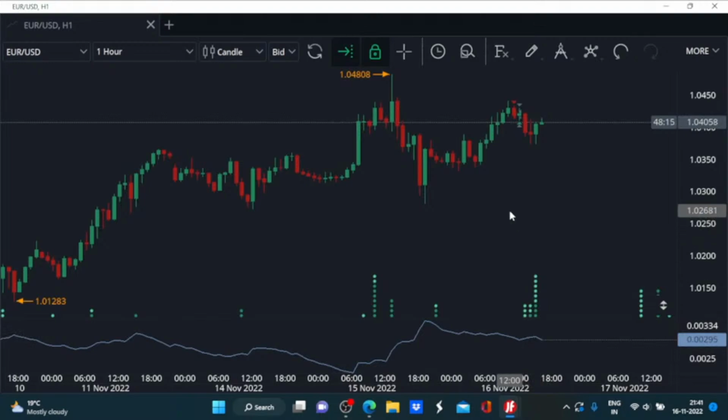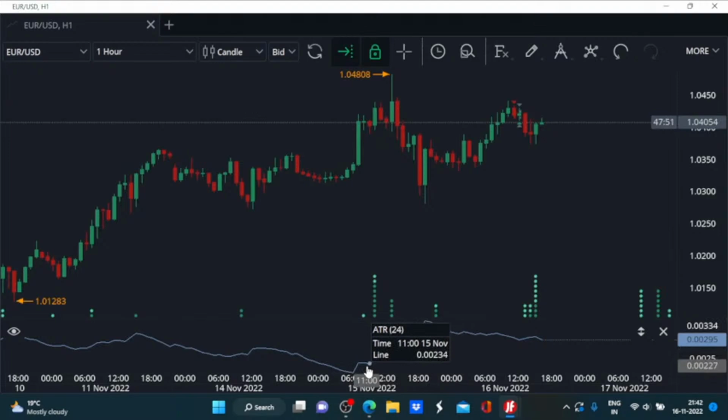Now that I have used 24 as the calculation period, that simply means whole day's price data is being considered to figure out this average volatility over the last 24 hours. So we get this idea of the hourly true range for the Euro USD using last 24 hours worth of data.